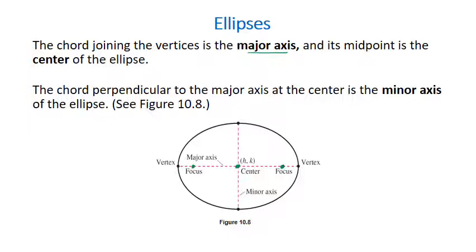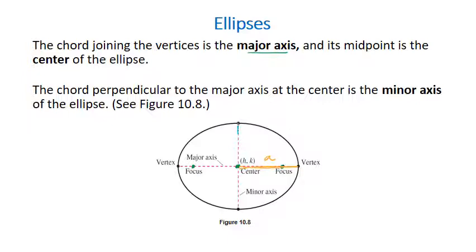When we are writing our equation, there is a value called A in our equation, and A is the distance from the center to the vertex. So that's on the major axis.